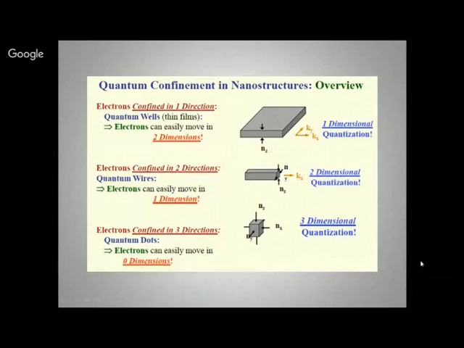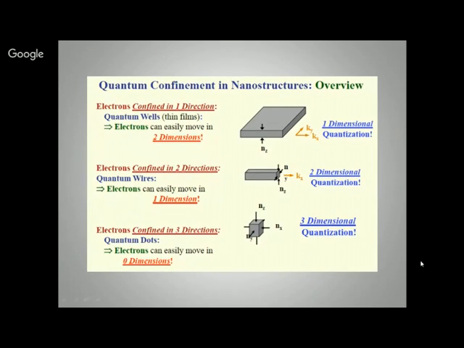From this slide, I want to tell you that if you have a bulk material with three dimensions and some free electrons, then the electrons can move in any of the three dimensions, along the x-axis, y-axis, or z-axis.